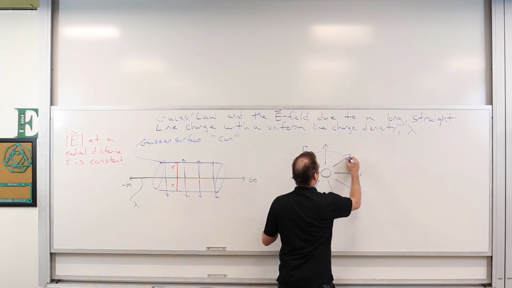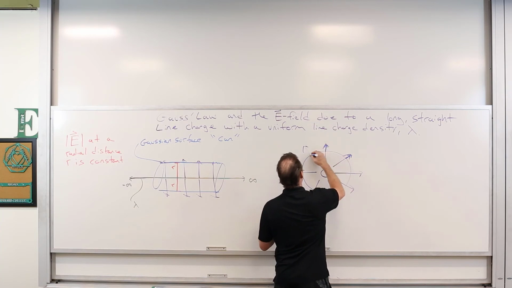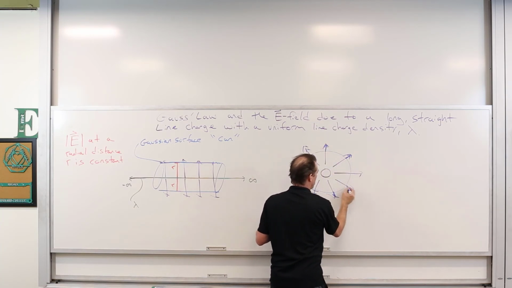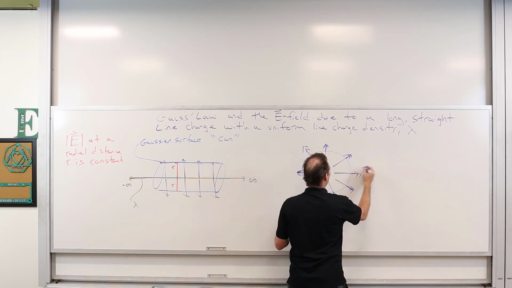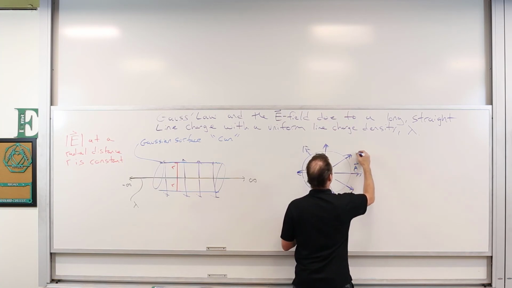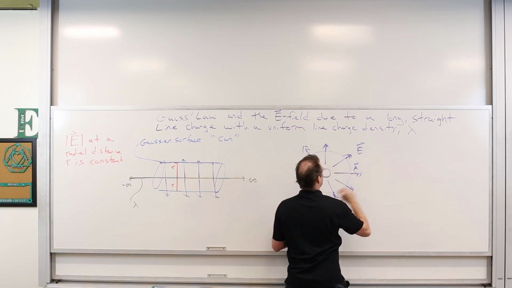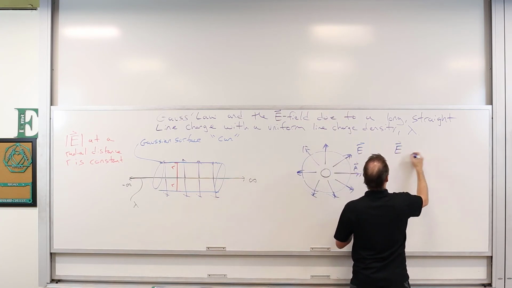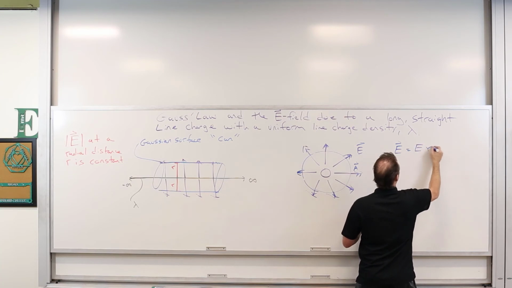We have the radial vector, and the electric field vector and the area vector are all the same. So we've got an A hat, we've got an E hat, which is the purple, and thus E hat is equal to E R hat.